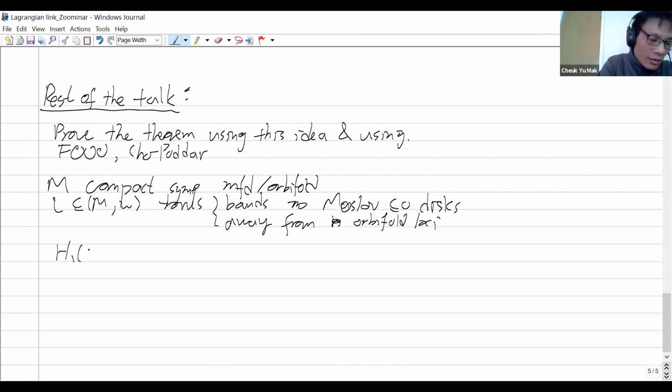We also fix a basis for the first homology of L.